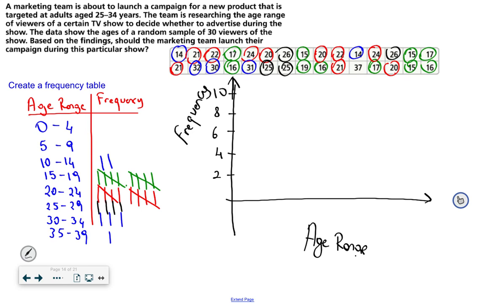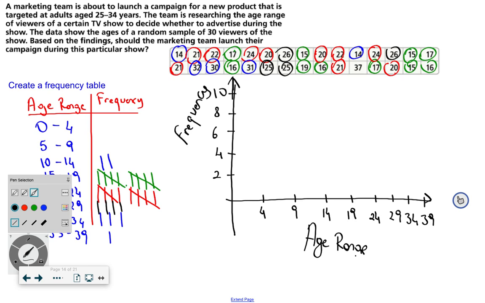The age range is first 0 to 4, 5 to 9, 10 to 14, 15 to 19, 20 to 24, 25 to 29, 30 to 34, and 35 to 39.